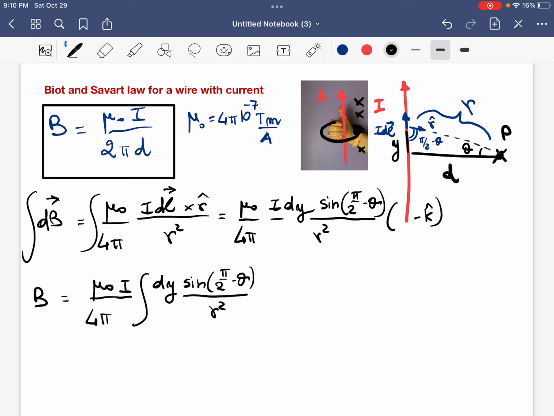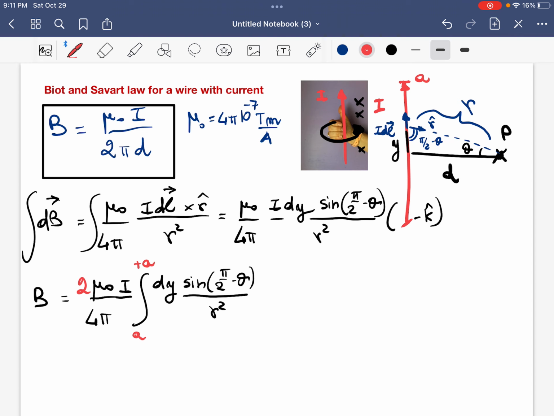And technically I will integrate all along the length of the wire. Let's start with a finite wire, and let's say that the wire goes from A to, on the bottom, negative A. So technically I will have to integrate between negative A and positive A, but I can just simply integrate between 0 and A and double the answer.